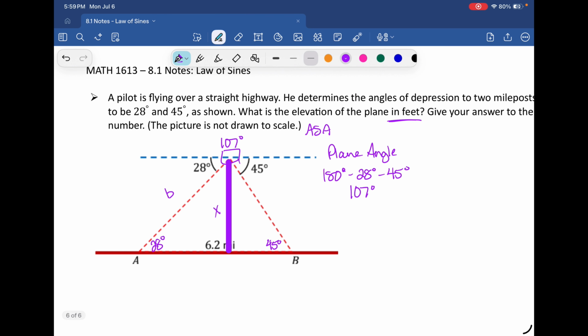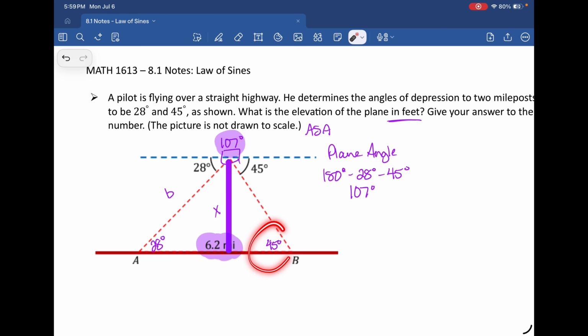Okay, well, my given information, 107, 6.2, and I can find 45 to side B using the law of sines.